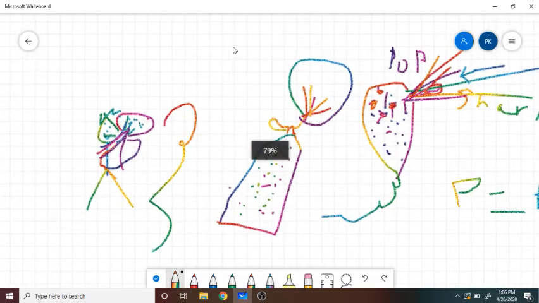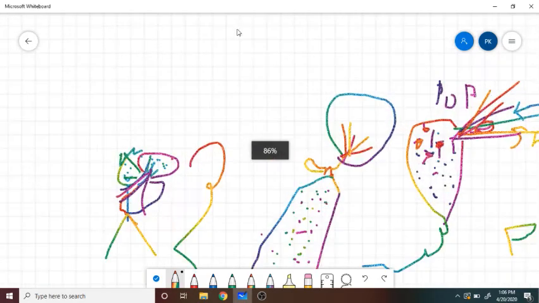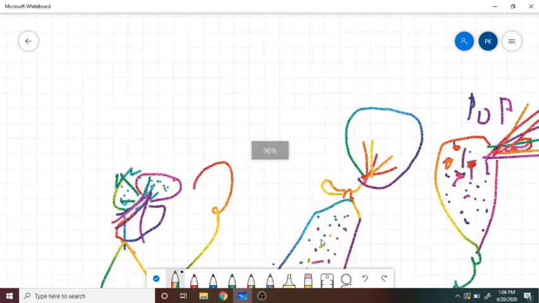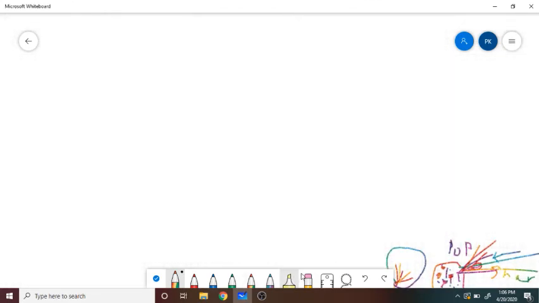Now there's water pressure. Let me just try and figure out how to draw it. There we go. You are in the water. Let me just draw water here. And you're a scuba diver.